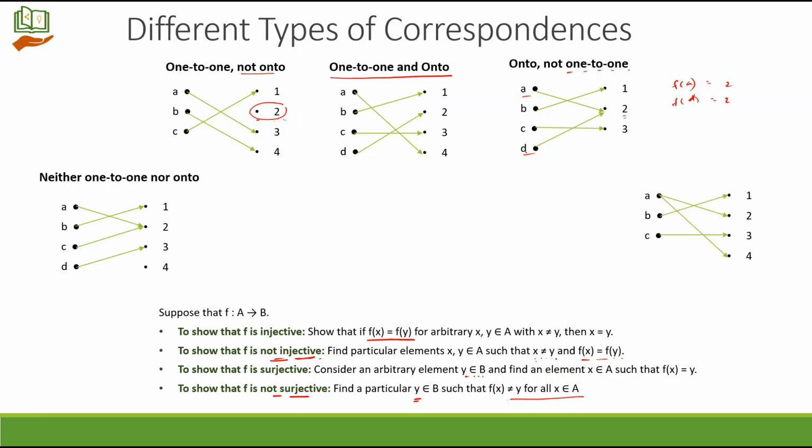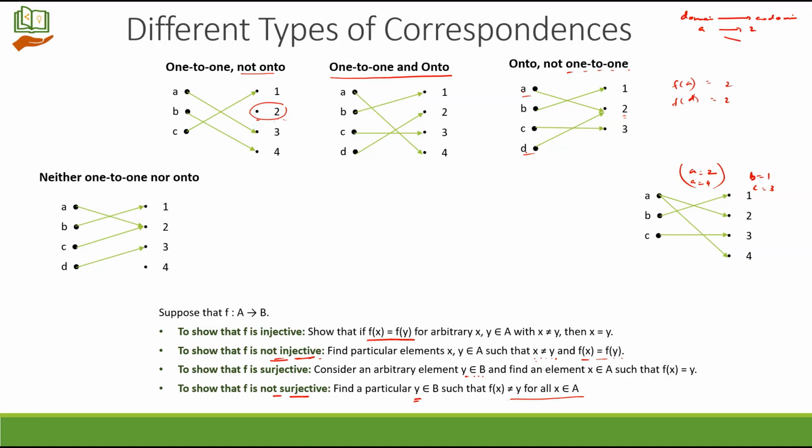Now let's look at this mapping. Can you find something unusual from the examples that we have seen so far? B is mapping to 1. C is mapping to 3. What about A? A is mapping to 2 and A is mapping to 4. What is actually a function? We said domain should map only to one codomain value. But just check, A is a domain element.